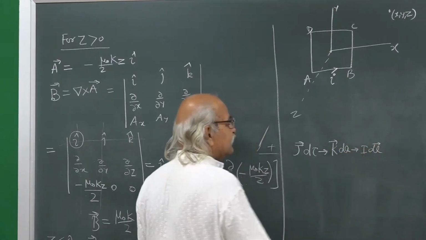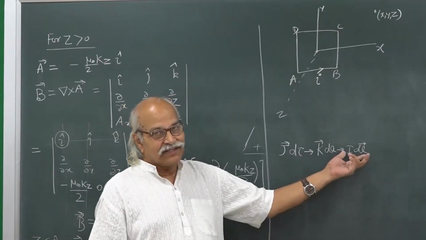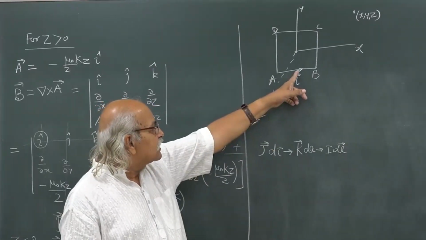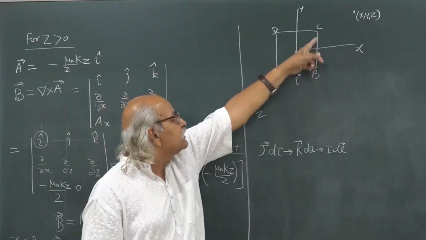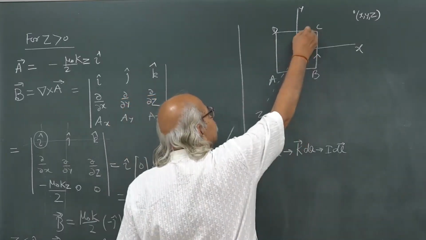If it is linear current, then J d tau becomes I dL. So, that is it. This current I in the 4 arms, we will take separately.